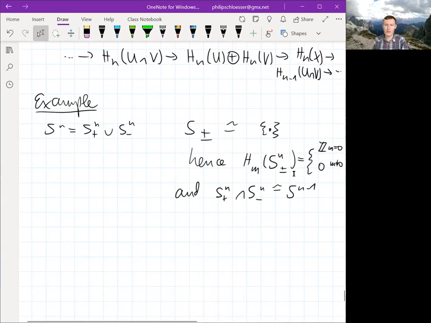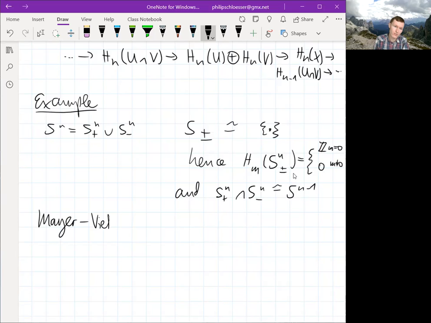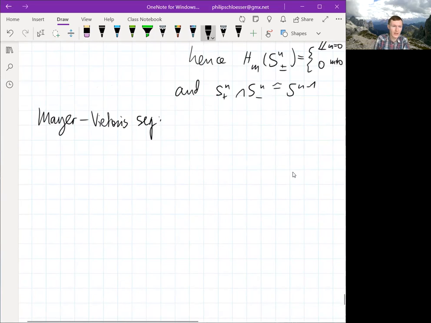So now what does the Mayer-Vietoris sequence look like? The sequence is going to look a bit weird, and especially we have to distinguish between the very end and somewhere before the end.